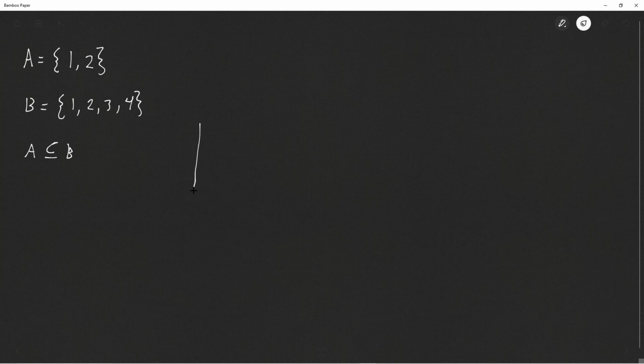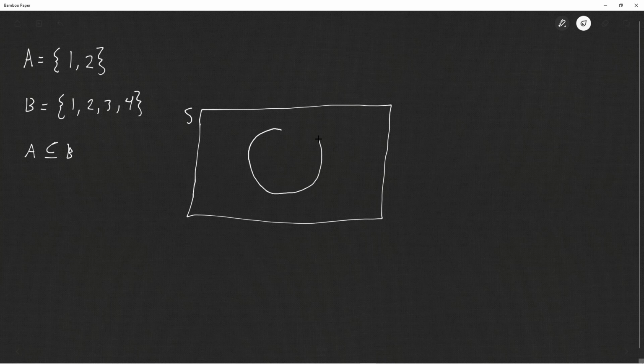But if we were to draw this with a Venn diagram, we want to have our square on the outside, and this is going to be known as our space. When we have our space, the only time we would have numbers out in our rectangle is when the numbers aren't inside of our A or B. So drawing our A and B here is going to be a little bit different than our earlier Venn diagram, because our B is going to be 1, 2, 3, and 4.